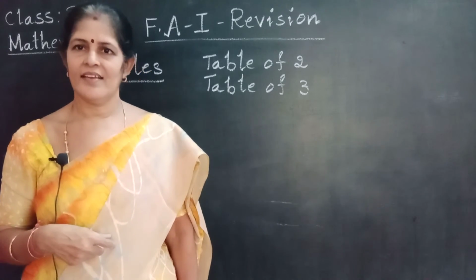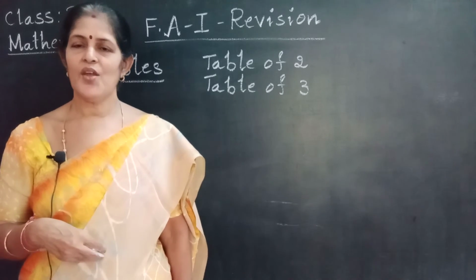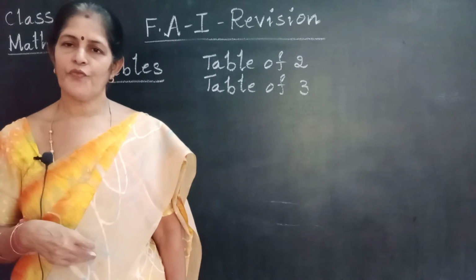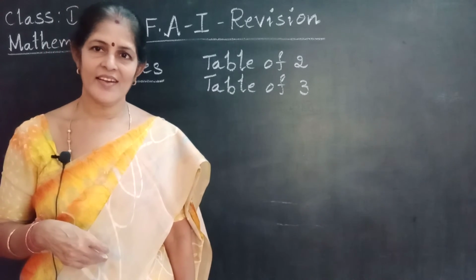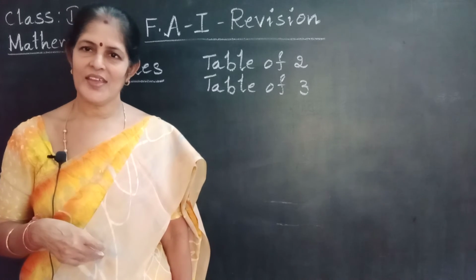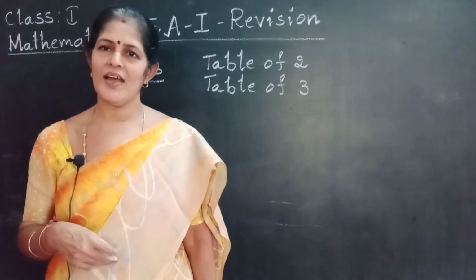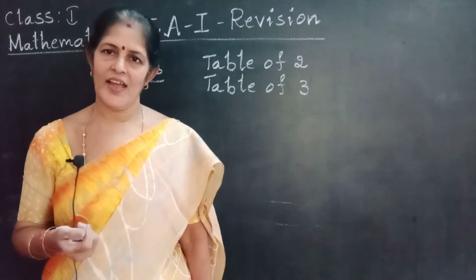Yes, 10. 10 is the smallest 2 digit number also. Okay. What comes after 11? 12. What comes after 9? 10. What comes before 1? 0. 0 means nothing. 2 tens means what is the number? 20. 1 ten equal to how many ones?